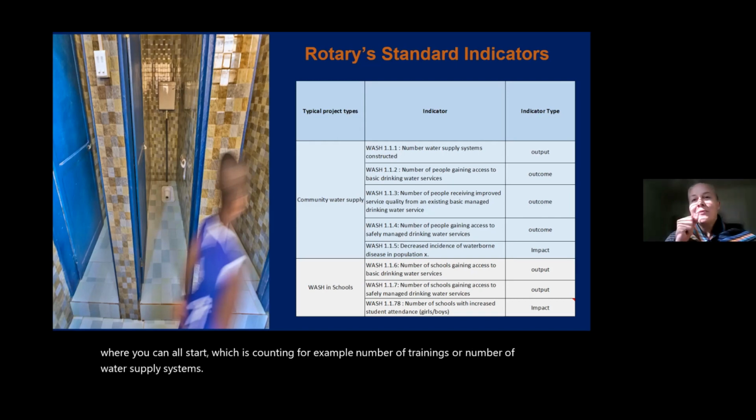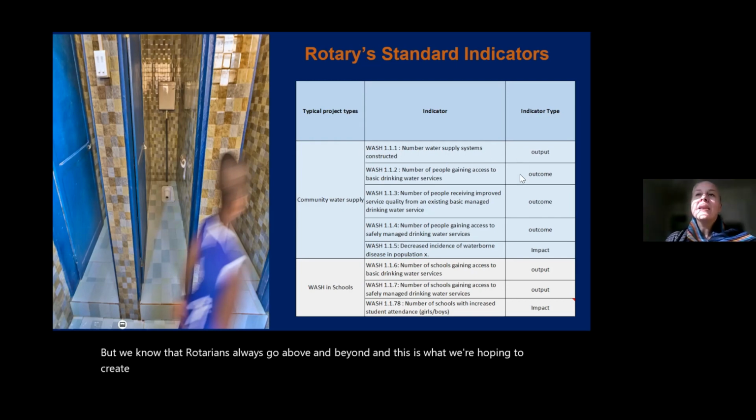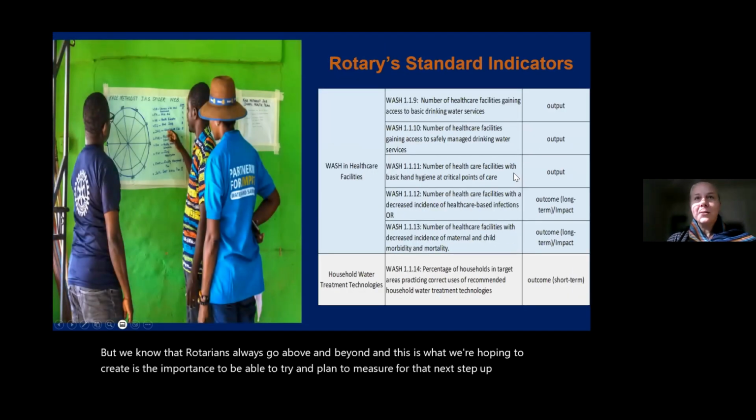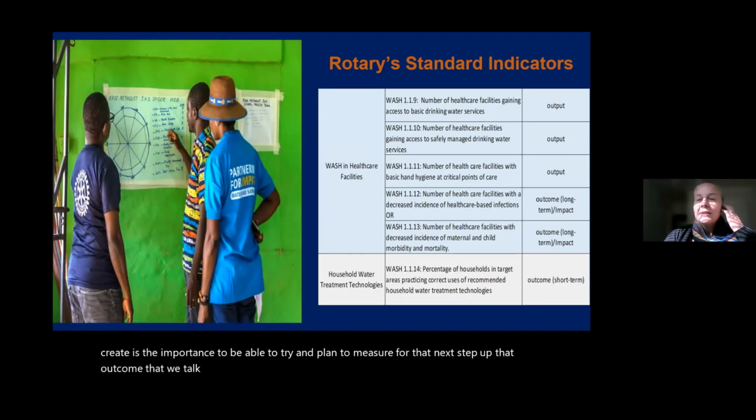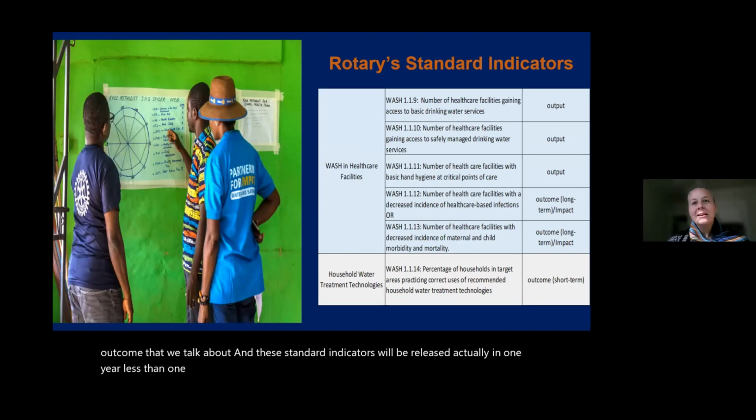But we know that Rotarians always go above and beyond, and this is what we're hoping to create, is the importance to be able to try and plan to measure for that next step up, that outcome that we talk about. And these standard indicators will be released actually in less than 1 year. But you all have a little sneak preview of what is to come.